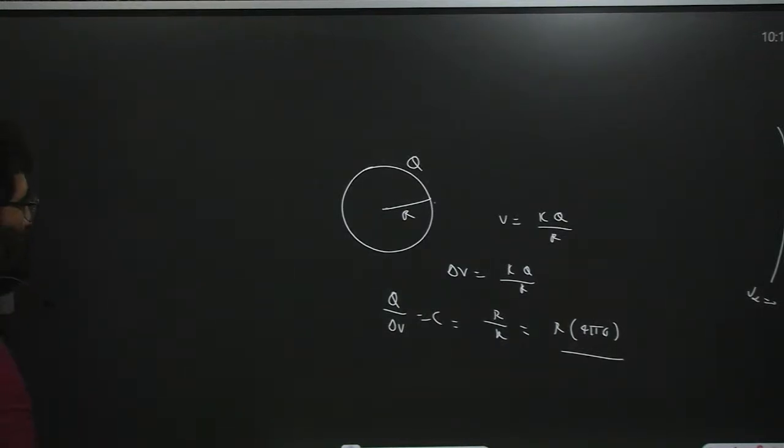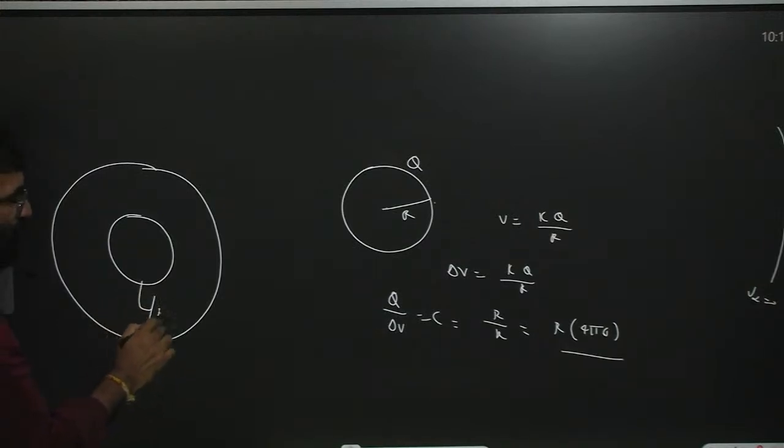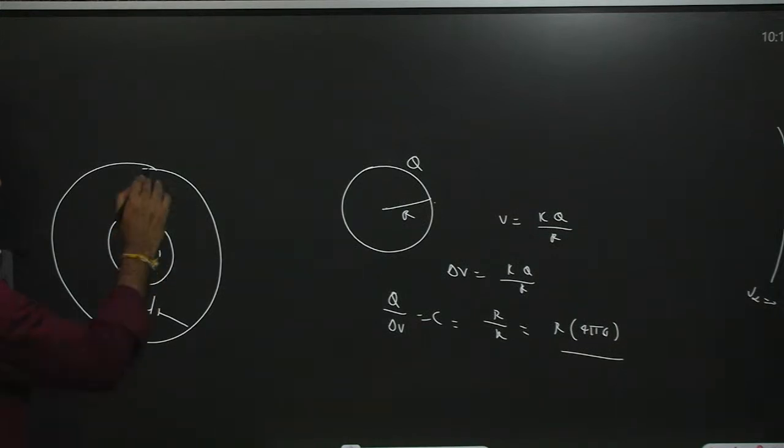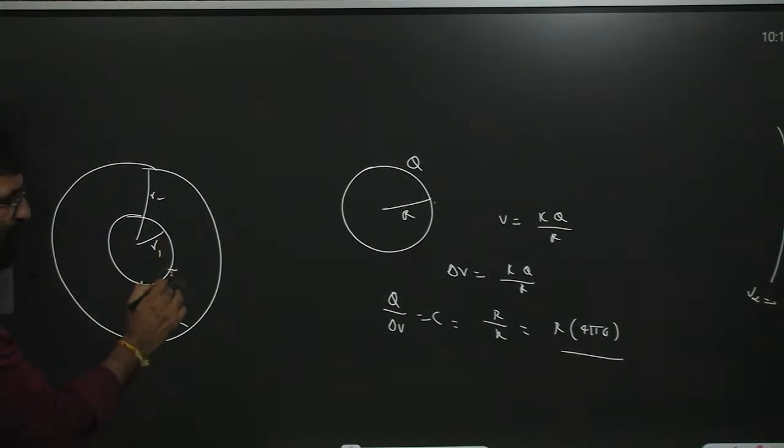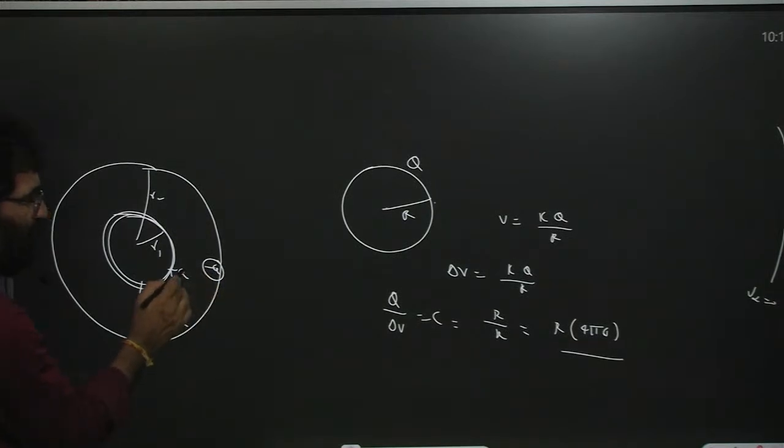Take this one. We have a sphere inside, and outside we have a shell, and we are connecting them through a battery. This is R1, this is R2. The potential difference is V only. Always remember, when we connect, this is plus Q and this is minus Q. The potential on the surface is the potential due to this plus the potential due to that.